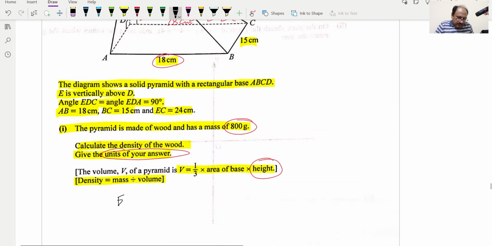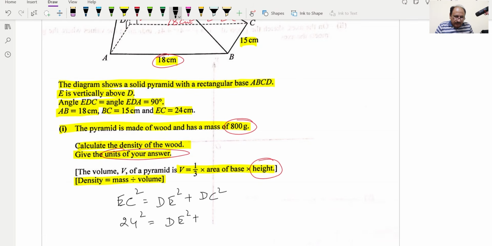EC squared is equal to DE squared plus DC squared. This is basically the Pythagoras theorem which we have applied. And EC is equal to 25. 25 squared is equal to DE squared plus 18 squared.